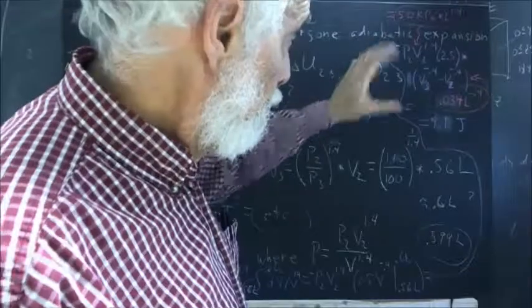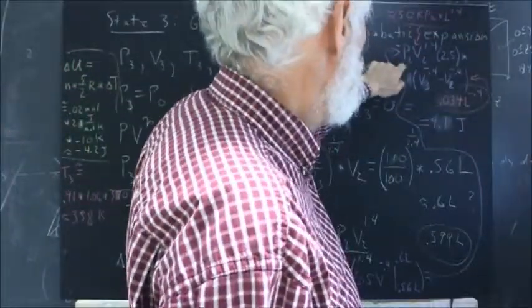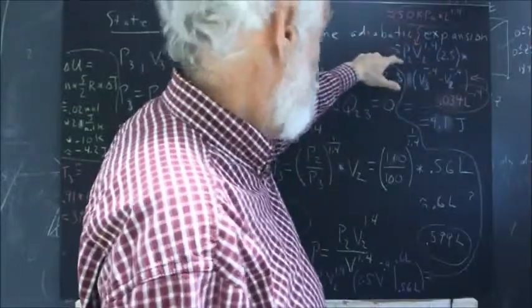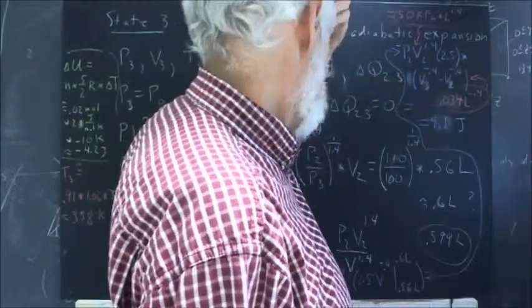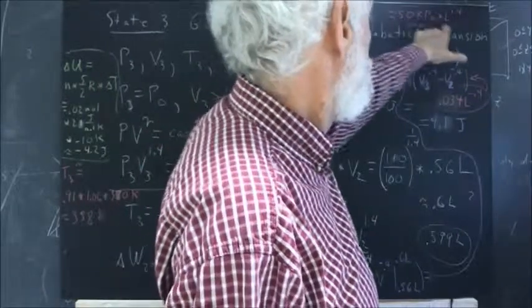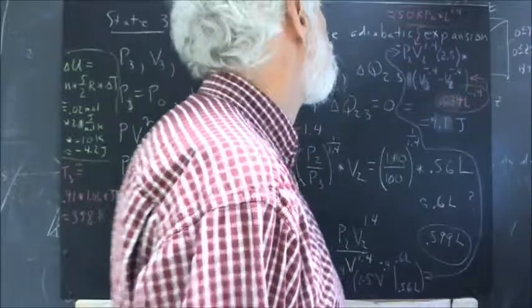Now, if we do the units and the numbers, you can work these out yourself. P2 V2 to the 1.4, using P2 110 kilopascal, V2 0.56 liters. Plug that in, we get 50 kilopascal liters to the 1.4.